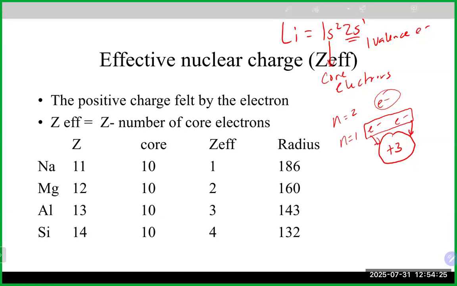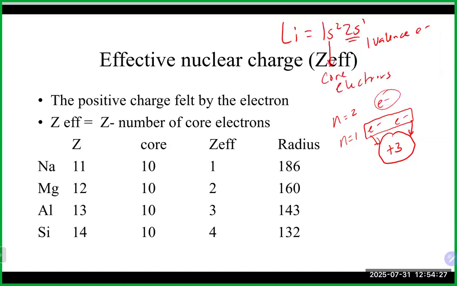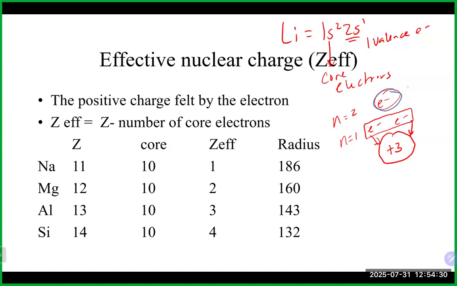Now, when we look at our lonely valence electron over here, it is actually going to experience what is sometimes referred to as shielding. The idea here is these lower energy electrons are going to shield that valence electron from the positive charge of the nucleus.